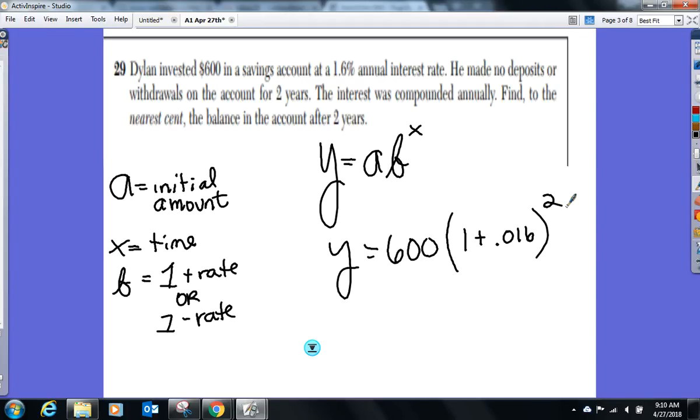There you go. Now it's all calculator. That's it. Nothing else fancy. Just remember the formula. y equals AB to the x. A is your initial amount. B is going to be 1 plus or 1 minus your rate, raised to the time we're talking about. And we're going nearest cent.